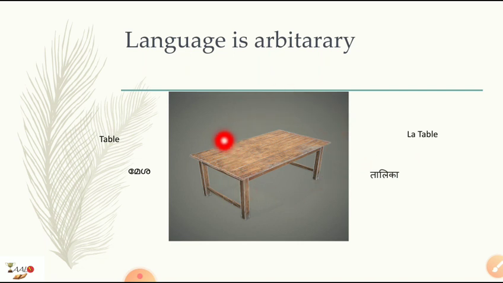The second thing is that when you go to a place in which people speak only Malayalam and say, can you give me la table? Or in French, you say, I need la table. They would wonder. They don't know what la table is.